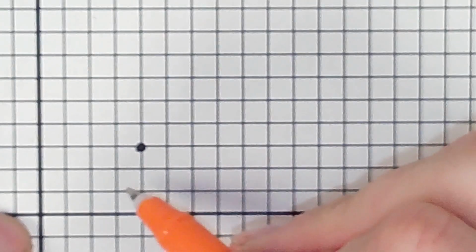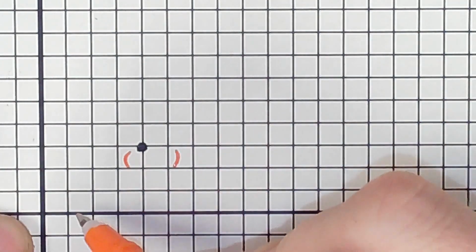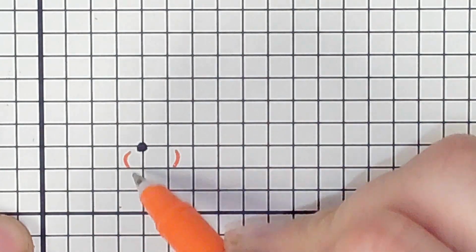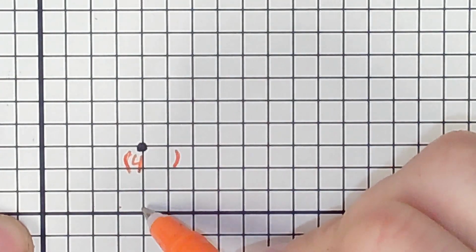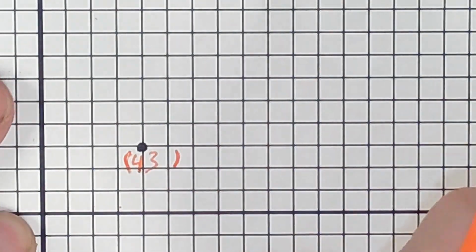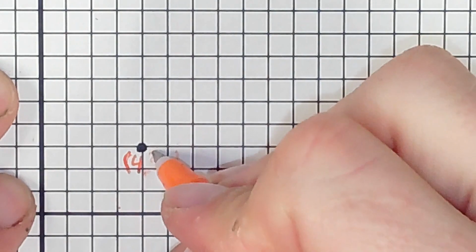So what is this point's coordinate? Well, on my coordinate plane, it's 1, 2, 3, 4, comma, 1, 2, 3. It's 4, comma, 3.